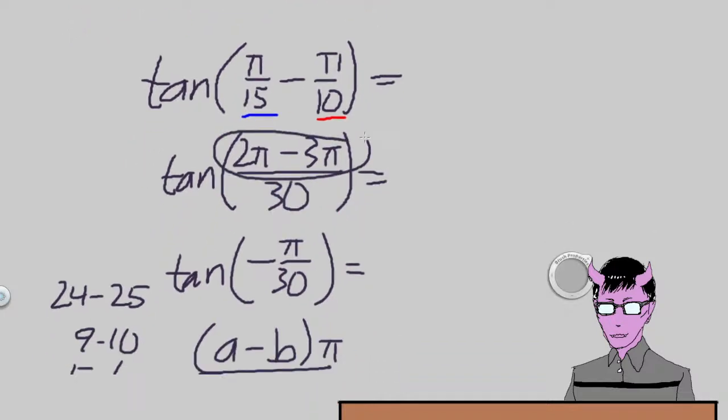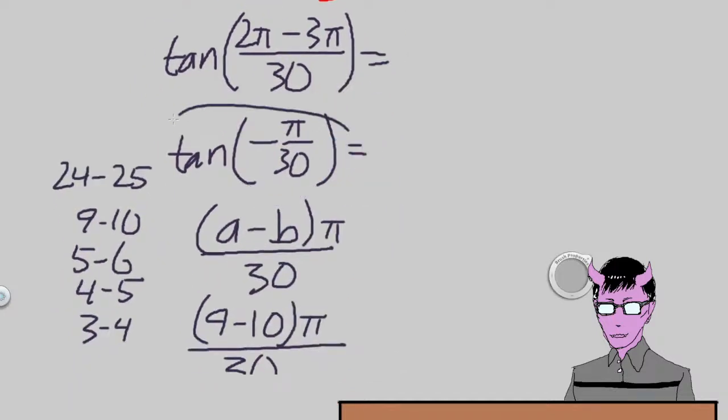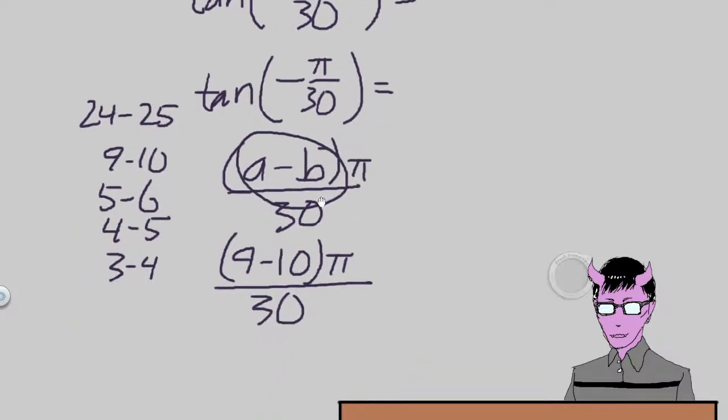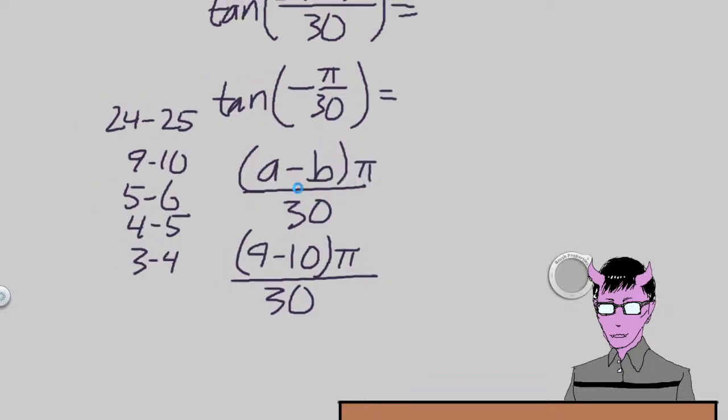And then the 2 pi minus the 3 pi gives us negative pi, so consolidate into that one. This is not a very nice situation. So now we go back to expansion. So the question is, what a and b will lead us to a -1 in front of the pi? So we're considering what could be a and what could be b.